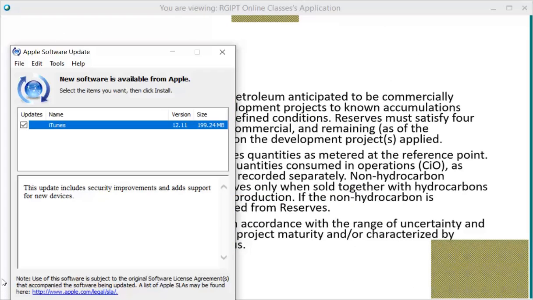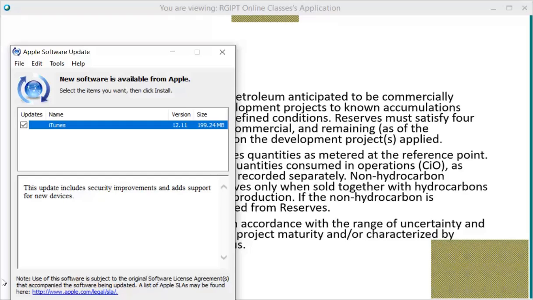Now, there are a lot of words, okay, but you want to understand these things very carefully, because these are scientifically written, and you do not want to change these statements.